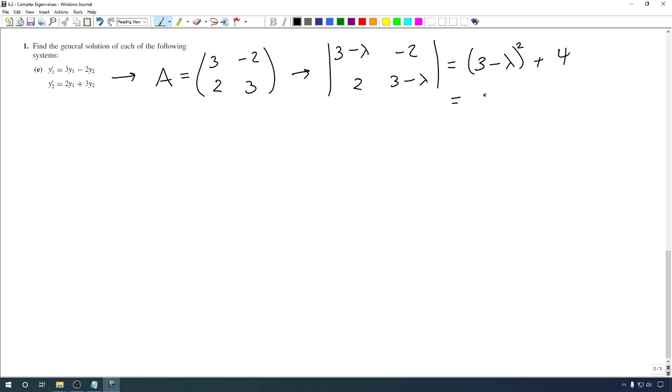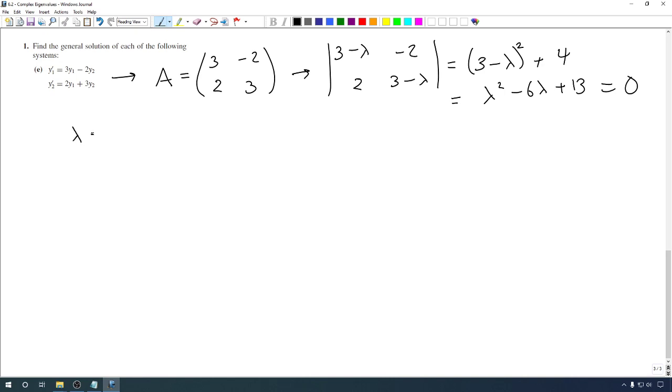If we expand this out, we get lambda squared minus 6 lambda plus 13, and we want that to equal 0. Of course, this is not something that's easily factored. In fact, unless you're willing to think about the complex factors, this is something you don't want to even attempt.